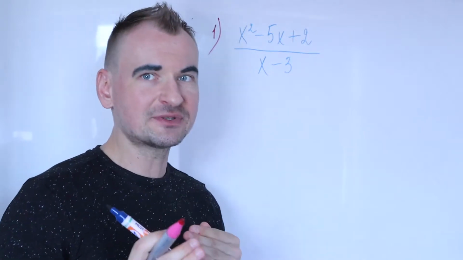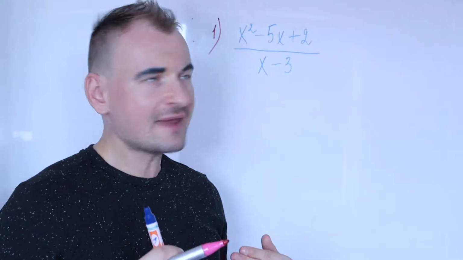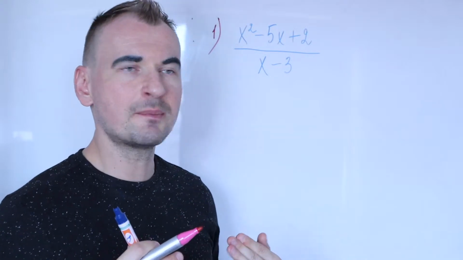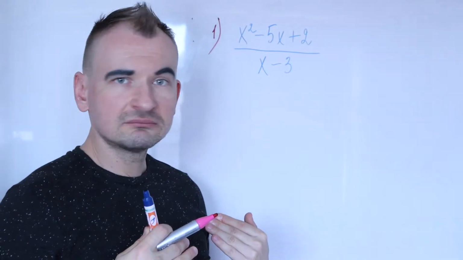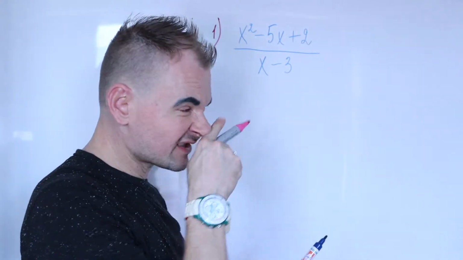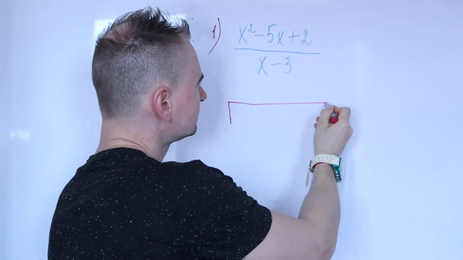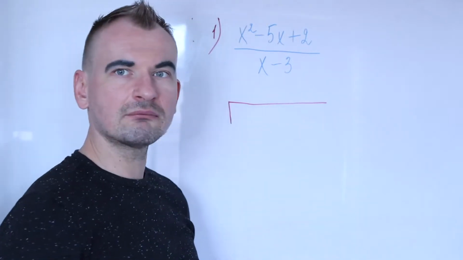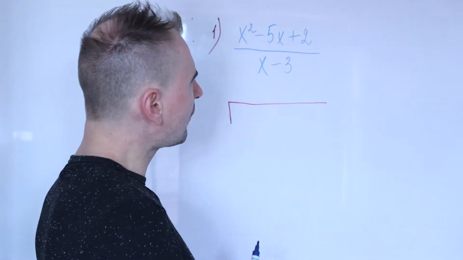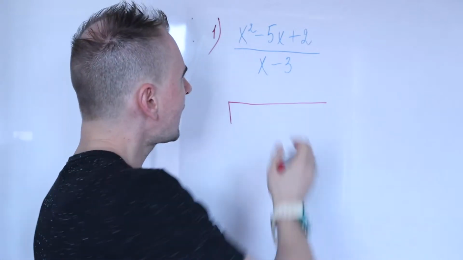So it helps you to divide them instantly, right off the bat, and it saves you time. Alright, the gist is you are going to draw a little corner like this, and you are going to read off the coefficients of the first polynomial.